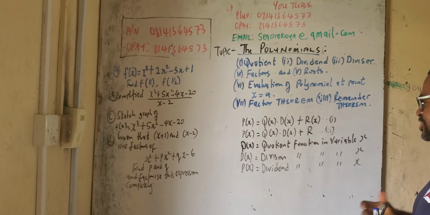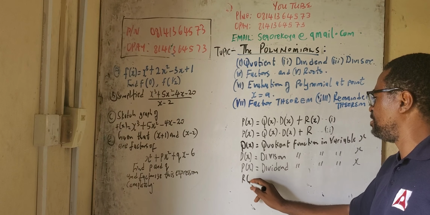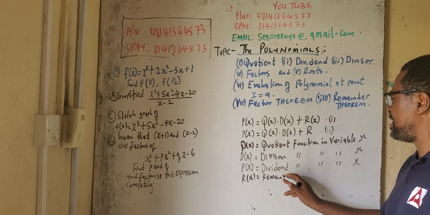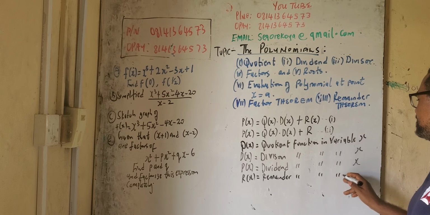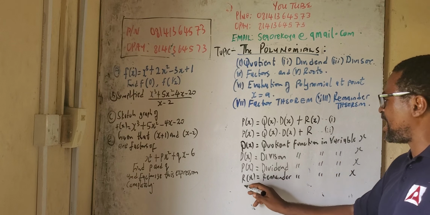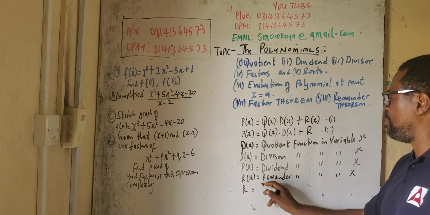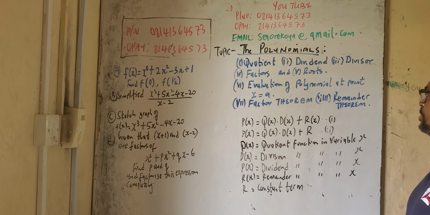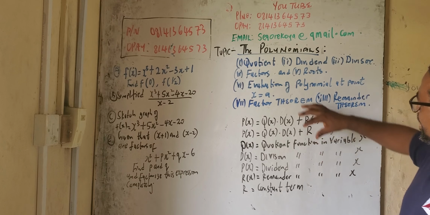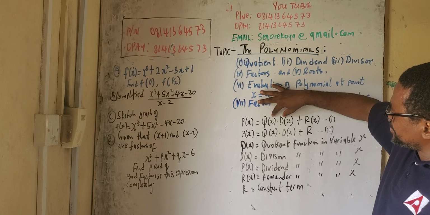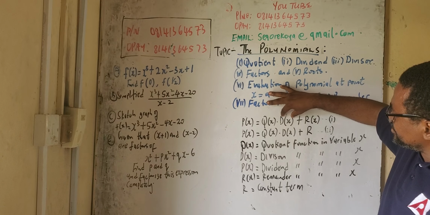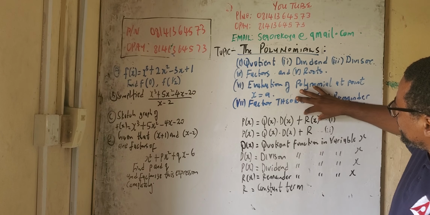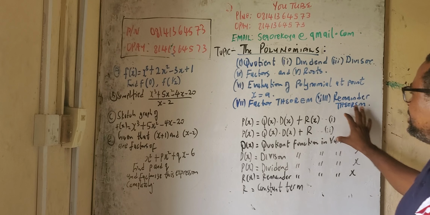And the function r of x is the remainder function in variable x. This particular r without variable x is called a constant term. So what I have here is the product of terms in q of x and terms in d of x, combined with the terms in the remainder function. So this is the relationship.